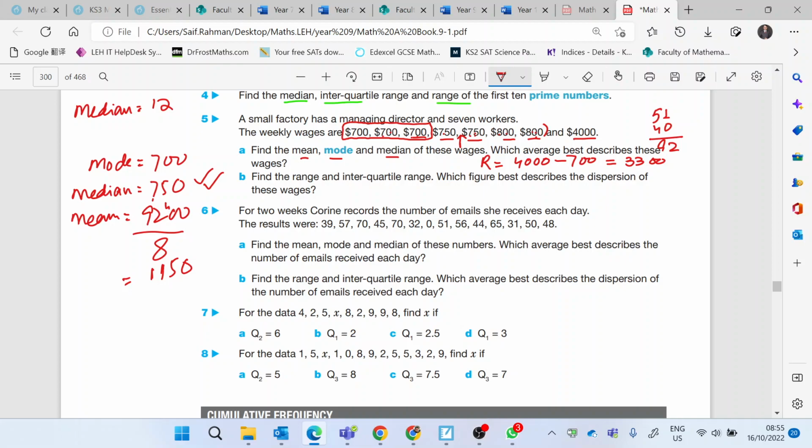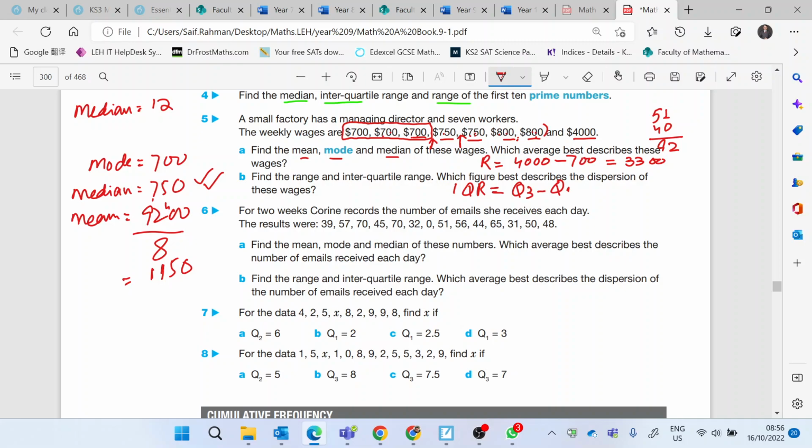So if you have to find the interquartile range of this one, 750 is Q2, Q3 will be 800, and Q1 will be 700, right? So 800 minus 700. The interquartile range, IQR, is Q3 minus Q1.